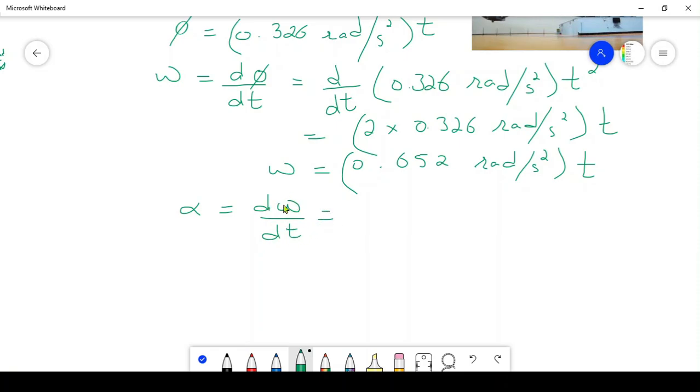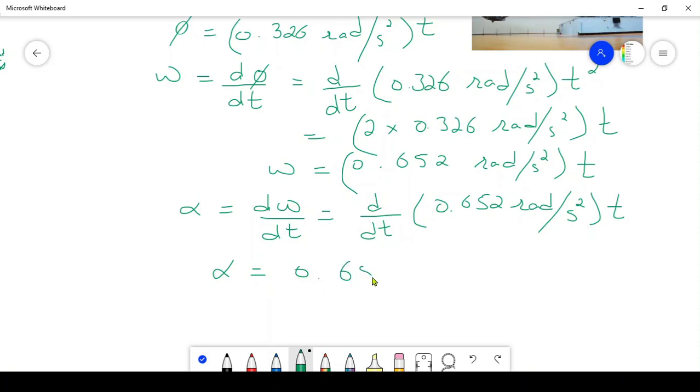The value of omega is 0.652 radians per second squared times t. Now this value is a constant, and if I take the derivative of t, it would be equal to 1. So the value of angular acceleration would be equal to 0.652 radians per second squared.